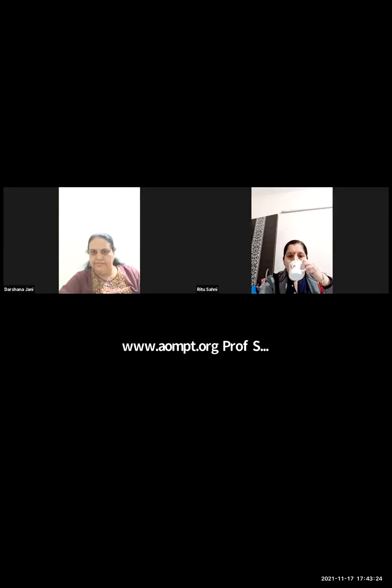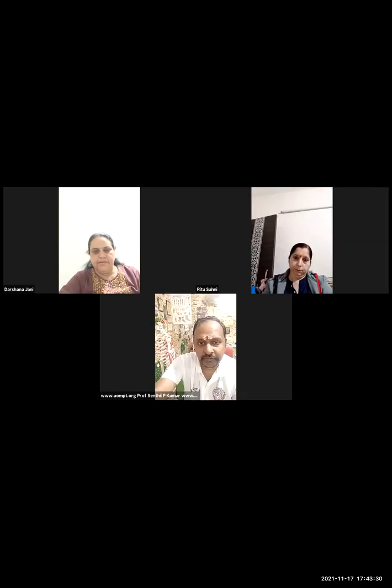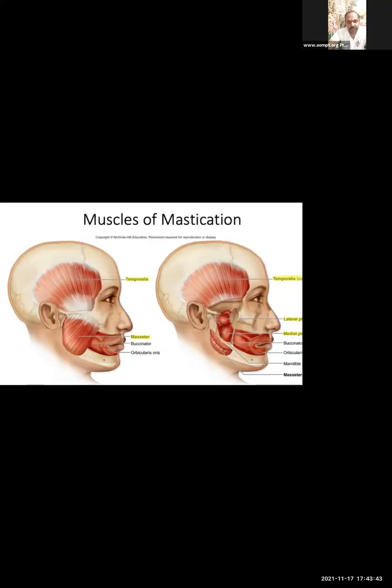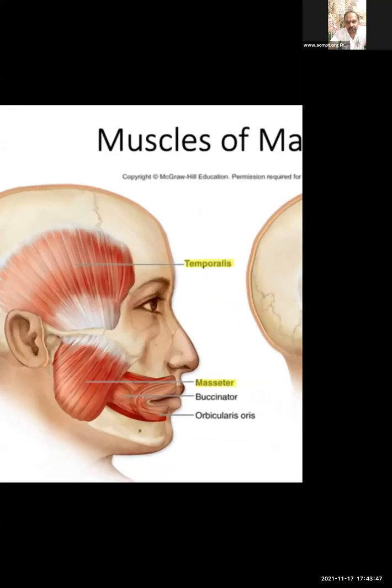Tongue muscles I have already shown. Geniohyoid, yes. Masticatory muscles I'll show once. This is for temporalis and masseter, and buccinator, which is around the lip.